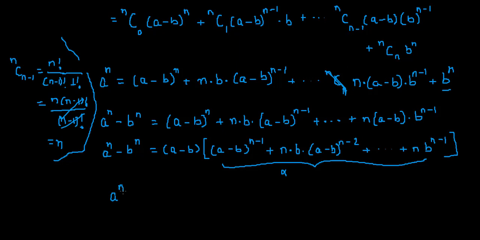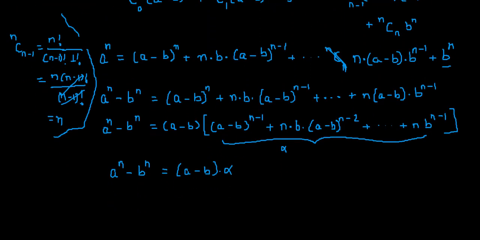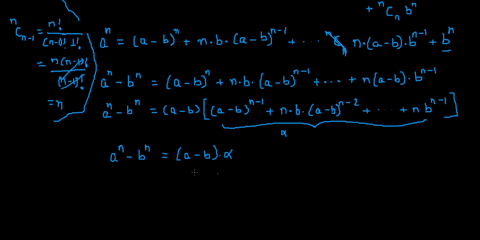So what we get is a raised to the power of n minus b raised to the power of n is equal to a minus b times alpha. So that's done. We are asked to prove that a raised to the power of n minus b raised to the power of n is divisible by a minus b. So this clearly says that the term on the left hand side is divisible by a minus b. That's proved.